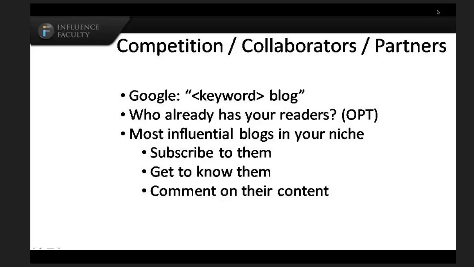Because if you can get your information in front of those people in a collaborative way, it's a great way to become more influential and to grow the popularity of your blog. So other people's traffic is one of the key concepts I really want to get across to you if you want to grow something quickly: getting access to people who've already got your readers. And other bloggers are a great example of that.